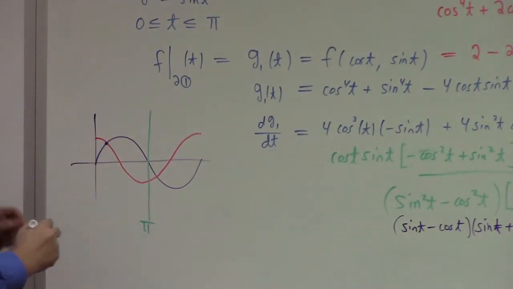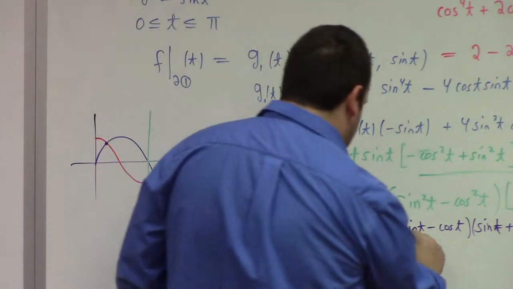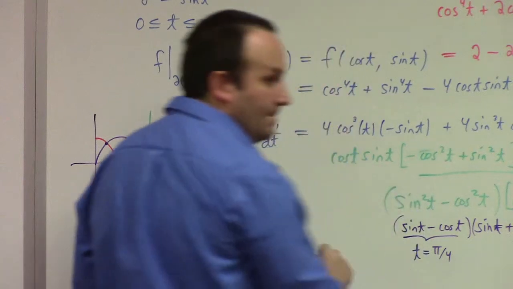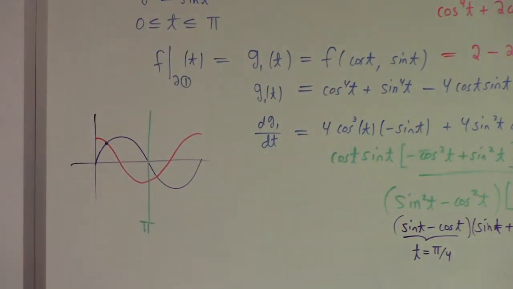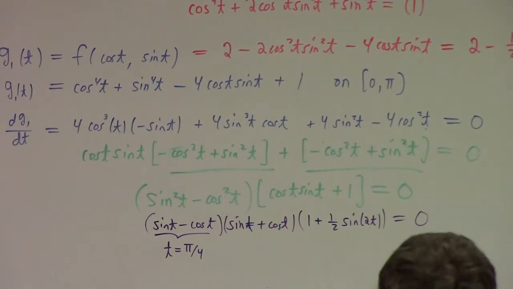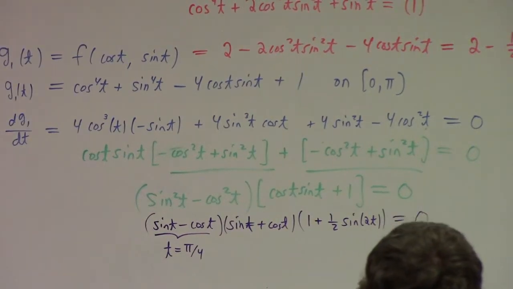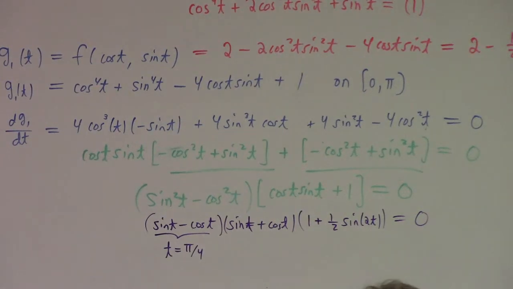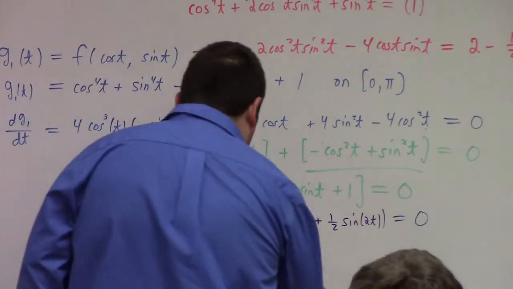So this has a 0 at t equal to pi over 4. And how about, is sine t plus cosine t equal to 0 anywhere? 3 pi over 4, it's over here. If you add them together, you get 0. Yeah. So 3 pi over 4.